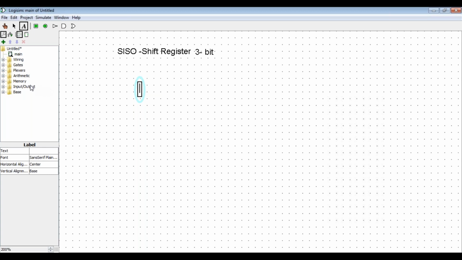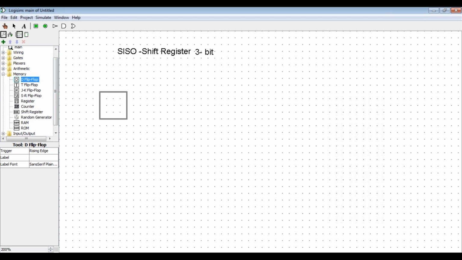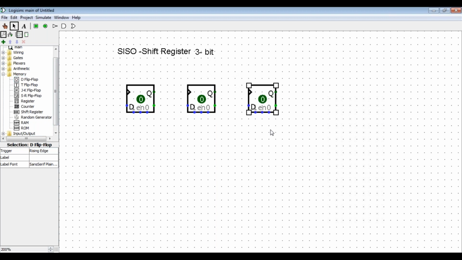In the memory block you have all the synchronous and asynchronous components like flip-flops, counters, registers. In this case I'm going for D flip-flop. You can choose any flip-flop, but for simplicity I'm going for D flip-flop. I'm taking my first D flip-flop, then the next, then my third D flip-flop, because I'm considering a 3-bit shift register.